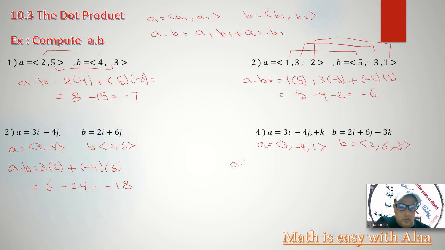So A dot B equals 3 times 2 plus negative 4 times 6 plus 1 times negative 3. 3 times 2 is 6, and negative 4 times 6 is negative 24. 1 times negative 3 is negative 3. 6 minus 24 will be negative 18, minus 3, negative 21.